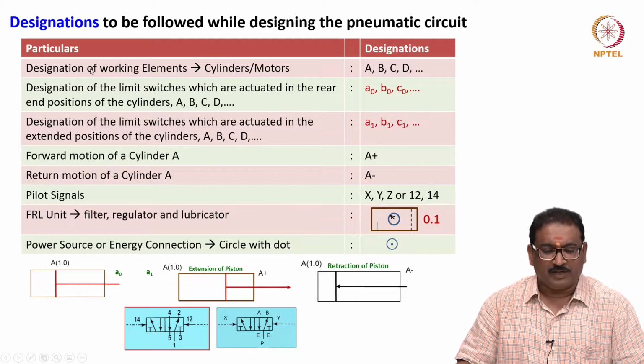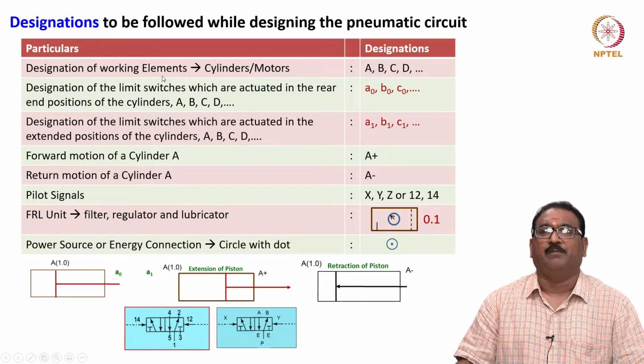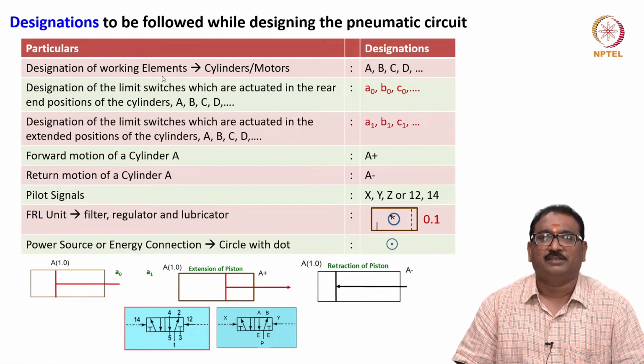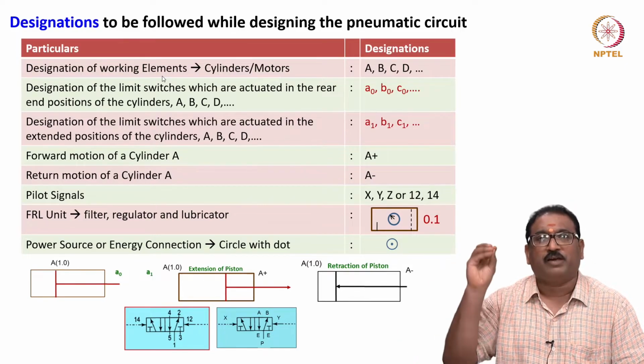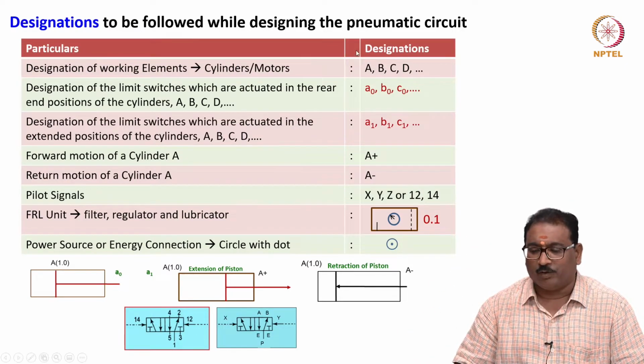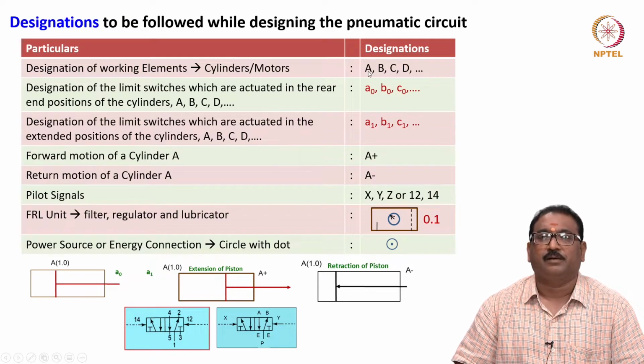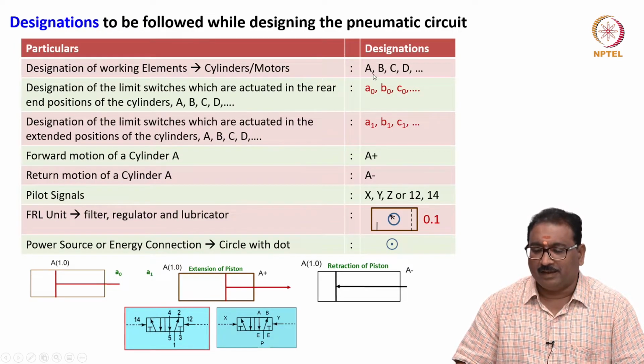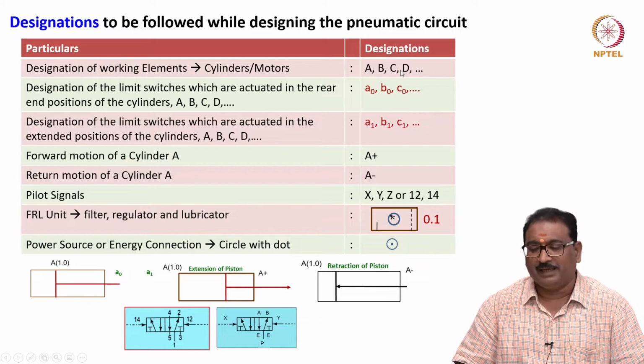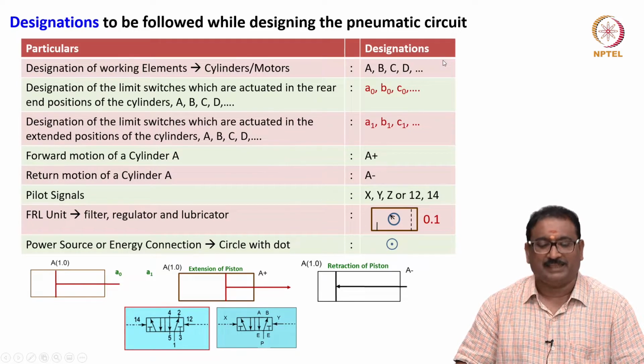You will see here, friends, the designation of working elements like cylinders and motors. If many are there in the sequencing of the circuits or in the design of multiple actuators, at that time you have to represent each cylinder as A, B, C, D like this.